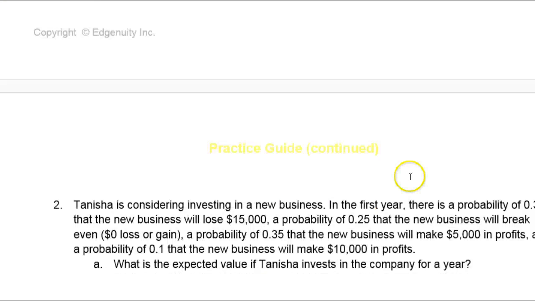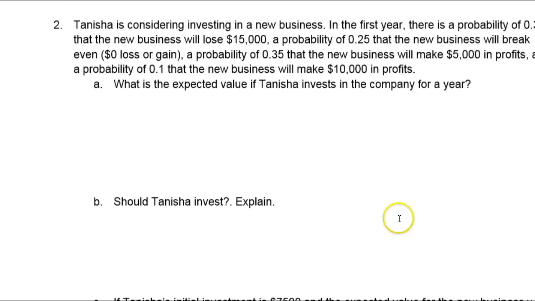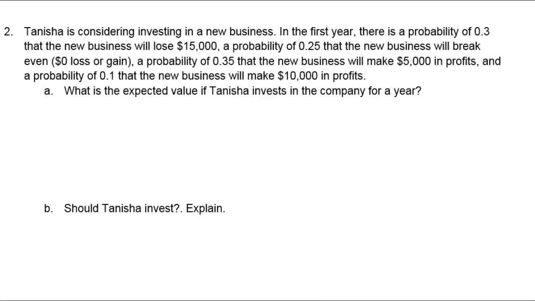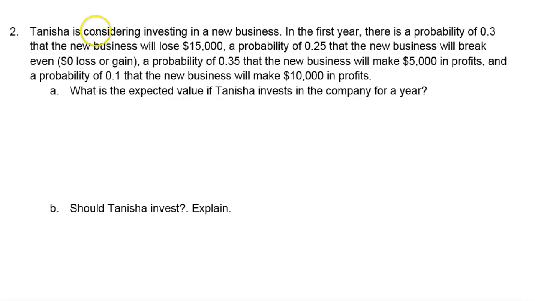So let's move on to the next one. Tanisha. What's Tanisha up to? Tanisha is considering investing in a new business. In the first year, there is a 0.3, that's a 30% probability that the new business will lose $15,000. That's a lot of money. There is a 25% probability that the new business will break even.